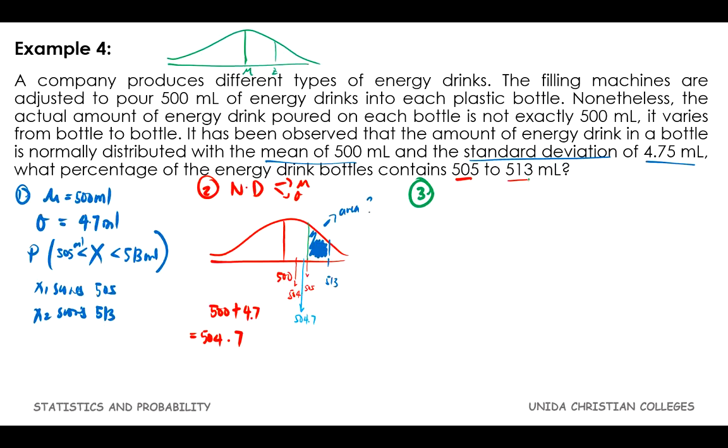Kung i-drawing natin yung less than 513, gusto ko lang makita nyo, class. Yung 513, drawing natin dito. So, from the average na 500. Let's say, ito yung 513 mo. Sabi dyan, less than. So, ibig sabihin, ito yung kinukuha mo dun. Nakukuha?